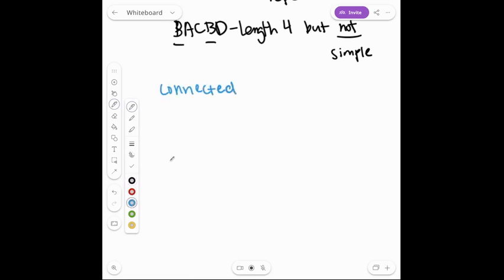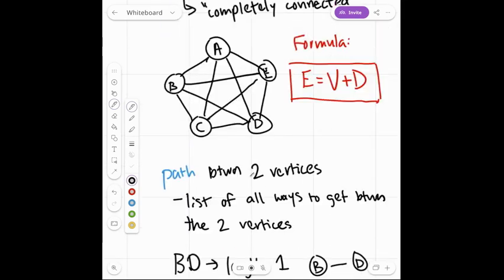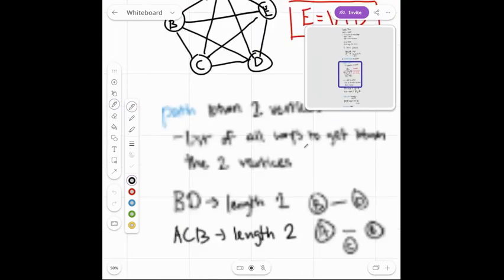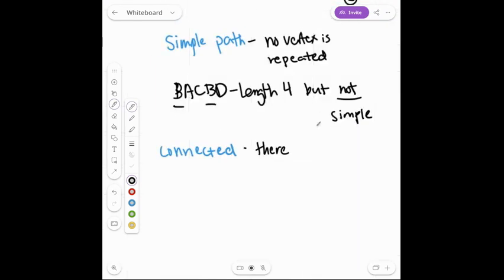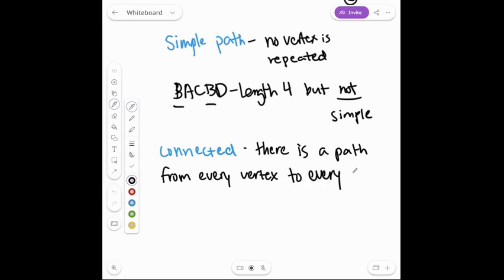Let's define another term, connectedness. A graph is connected if there exists a path from every vertex to every other vertex.